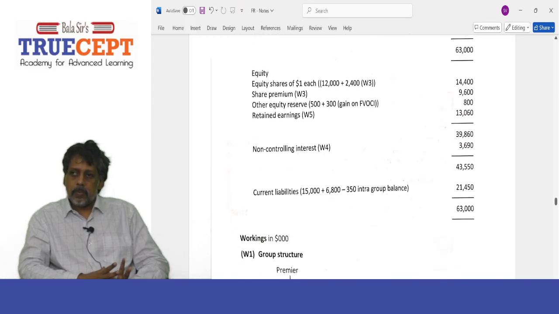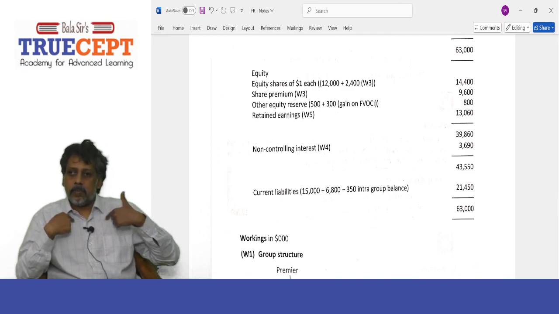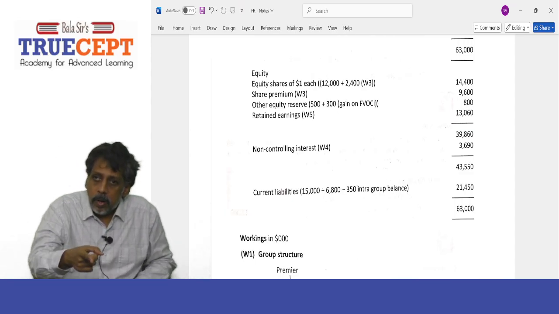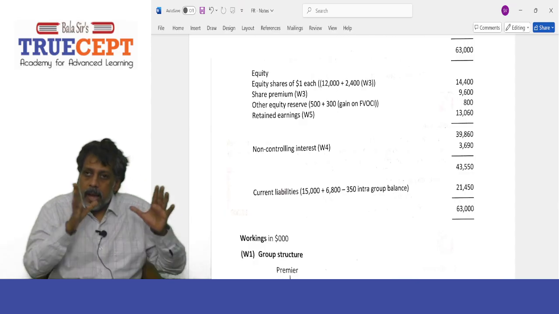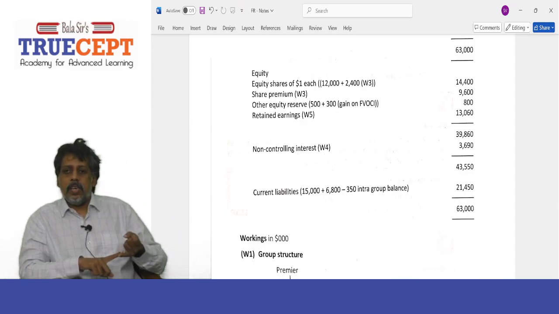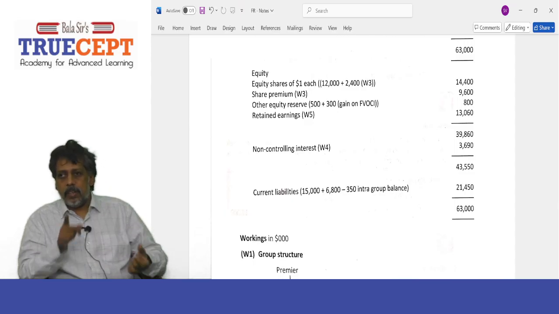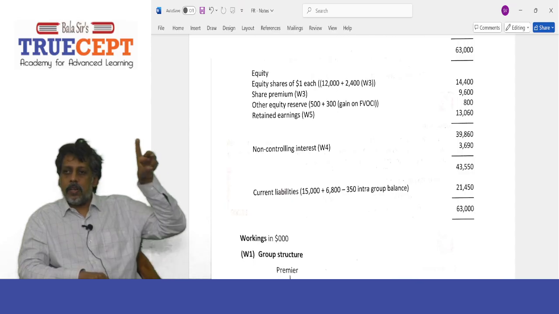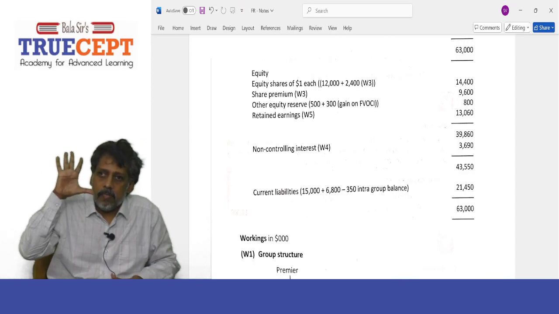Equity share of $1 each, 12,000 plus 2,400. You know why? Remember, my man has 12,000 shares already. I issued 2,400 shares to you people, not yet accounted for. So add 14,400 shares of $1 each. People ask me, sir, you issued 2,400 shares at $5 each market.